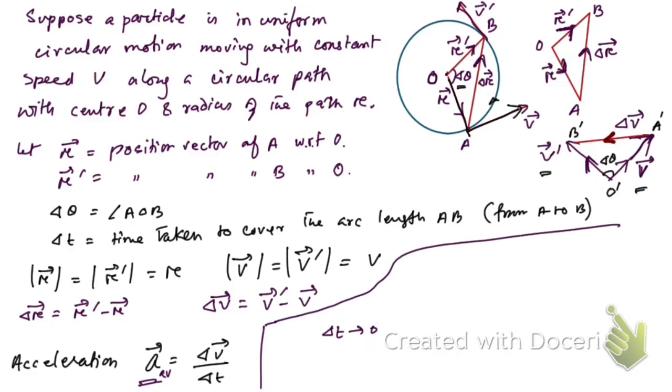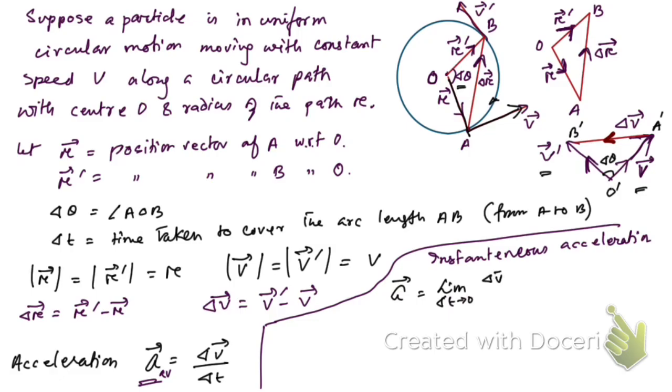So the instantaneous acceleration is gonna be equal to A is equal to limit del t tends to 0 of del V by del t.